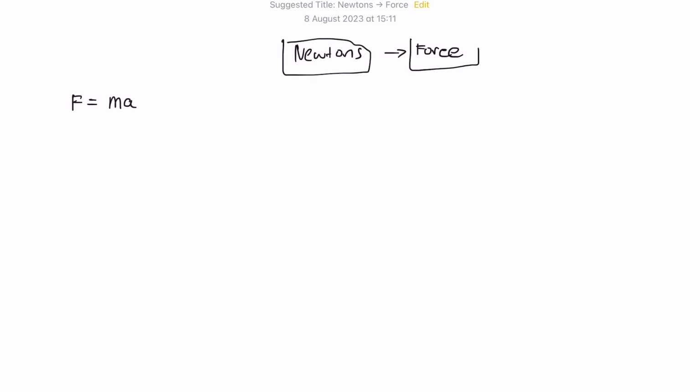Okay, so in this example, we're going to walk through how to express the unit newtons, which is a derived unit, into fundamental units. We know that newtons is the unit of force, so this is the quantity we are looking for. And we know that force can be expressed as mass times acceleration. So the first step to tackle this question is to take your unit and change it into the quantity.